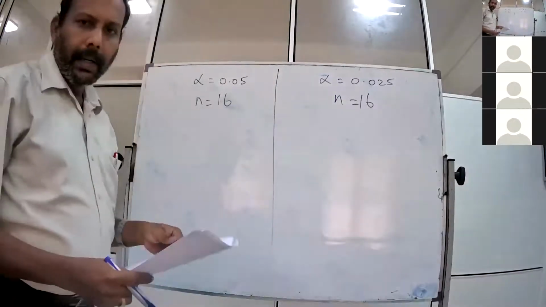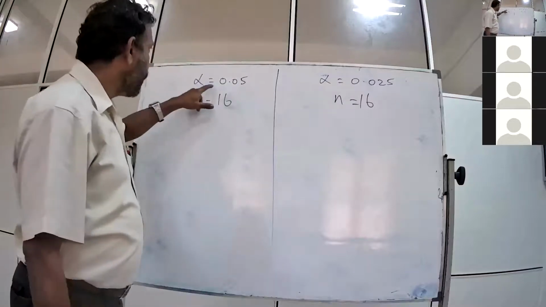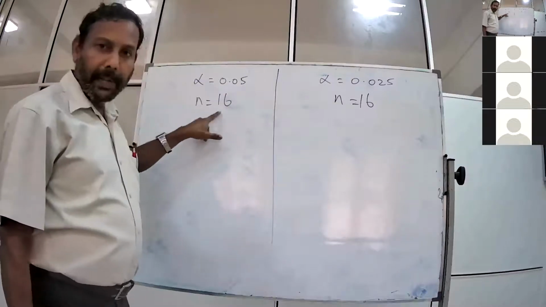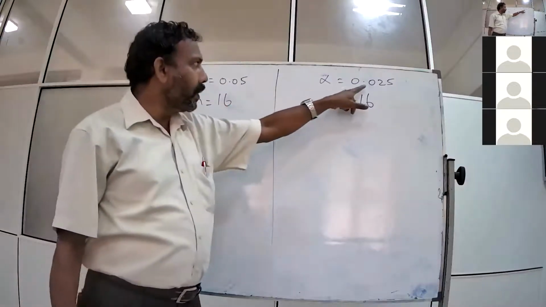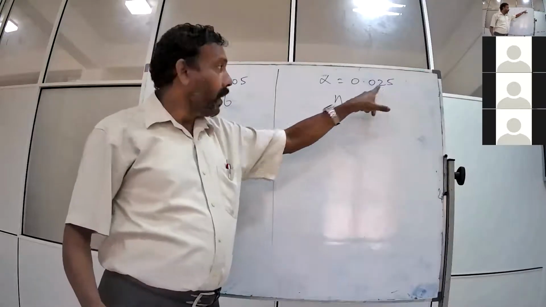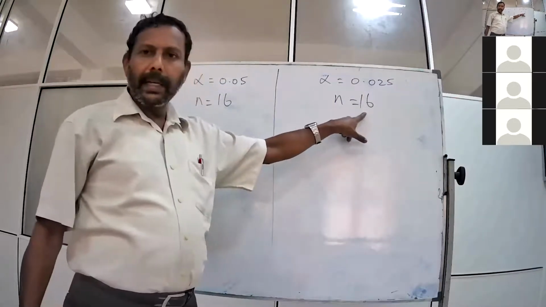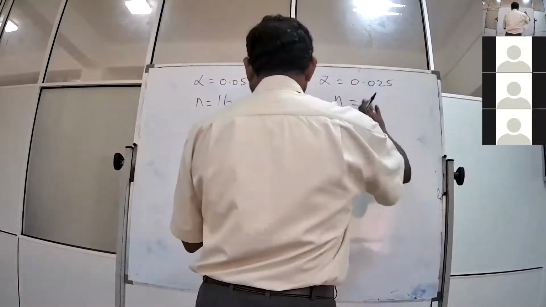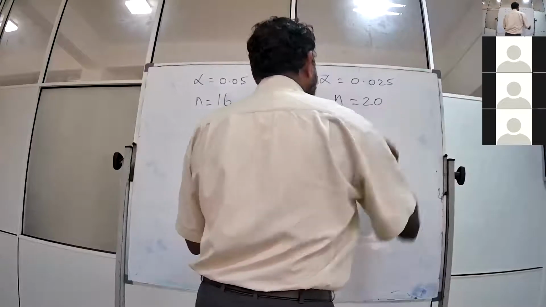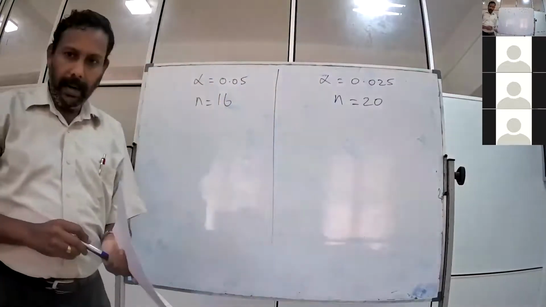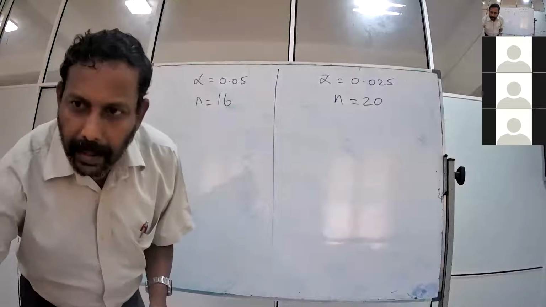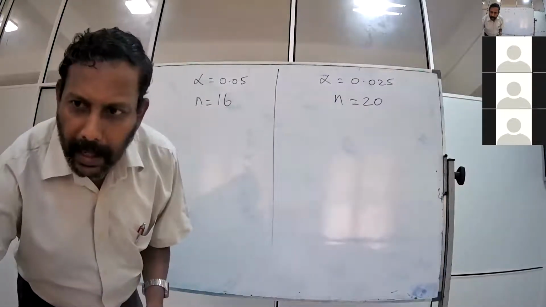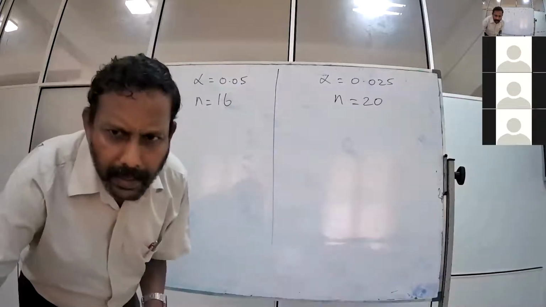So you see here the alpha is 0.05. Number of sample is 60. Here alpha is 0.025. Number of sample is again, let's say not 16, we'll say 20. Number of sample is 20. Let me check the chat.